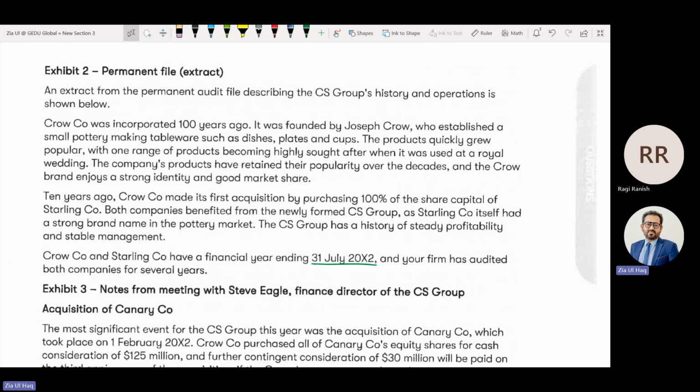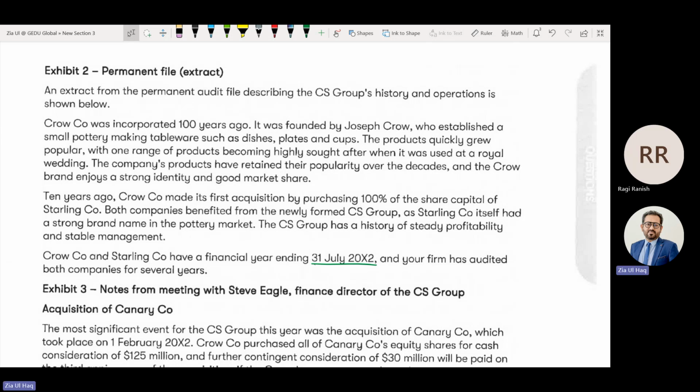Crow Company was incorporated 100 years ago. It was founded by Joseph Crow, who established a small pottery making tableware such as dishes, plates, and cups. The products quickly grew popular, with one range becoming highly sought after when it was used at a royal wedding.